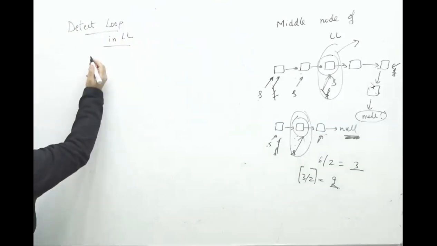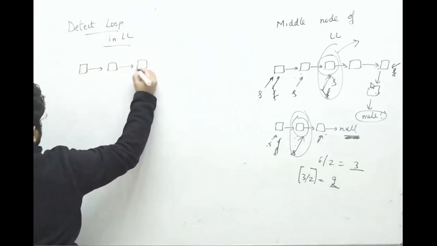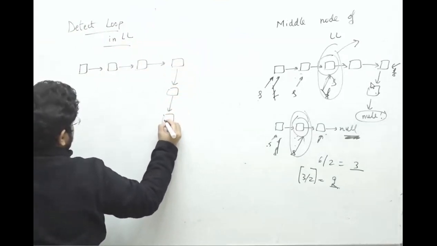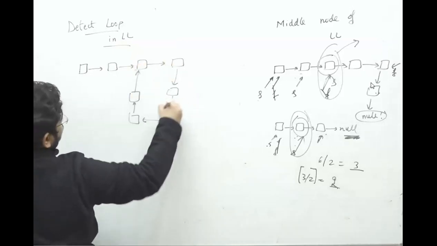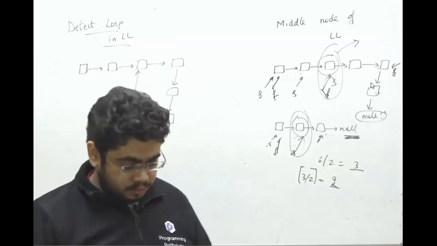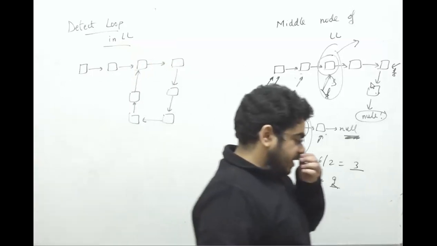So let's do that. So let's say we are given a linked list which might contain a loop like this. You need to find if there is a loop or not. So a linked list might have a loop, might not have a loop. You need to figure out whether it has a loop or not.